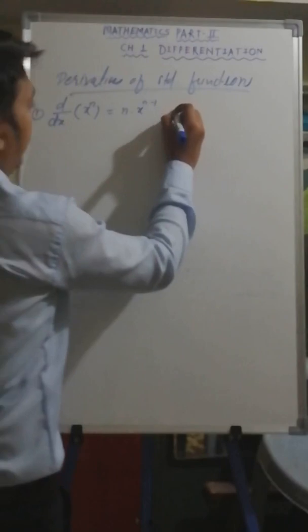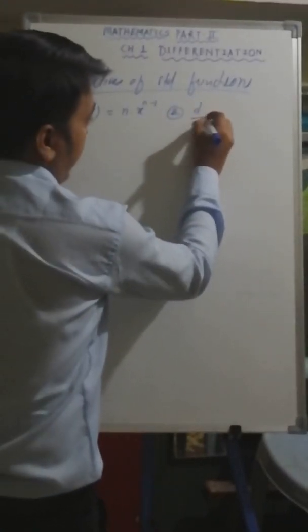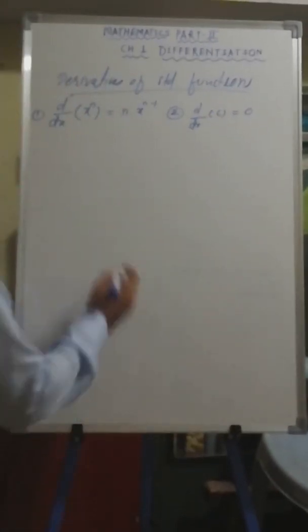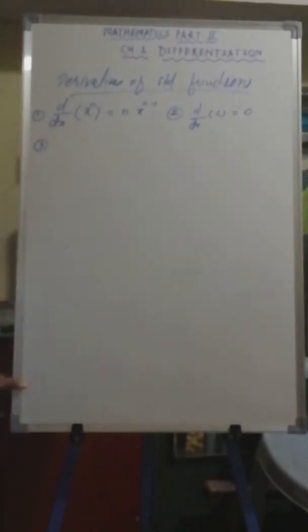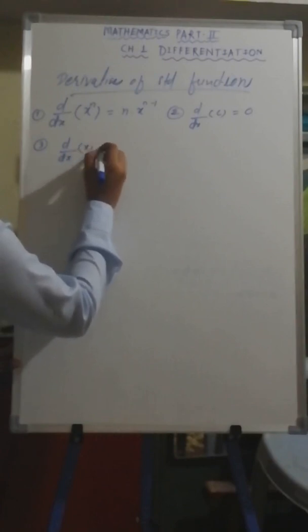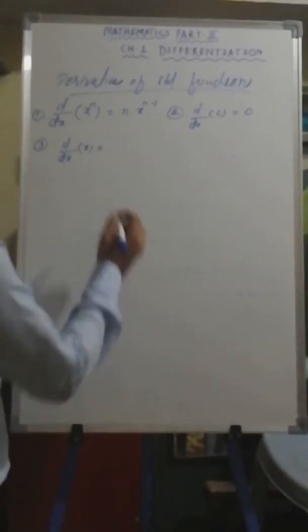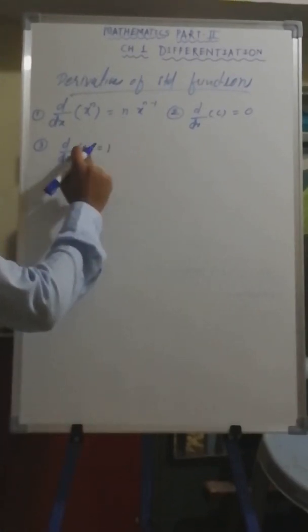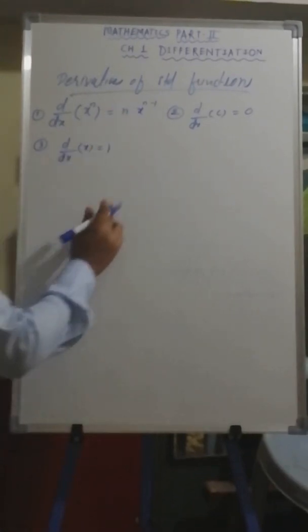So this is one. Second, if we take the derivative of some constant function c, it is always 0. Third, derivative of x, as I told earlier, dy dx of x is 1, by putting n equal to 1 in this formula.